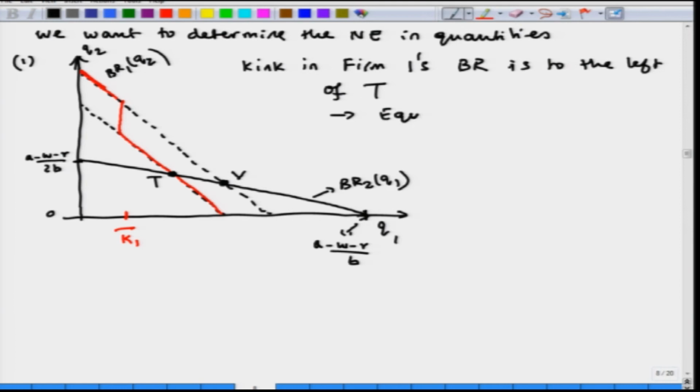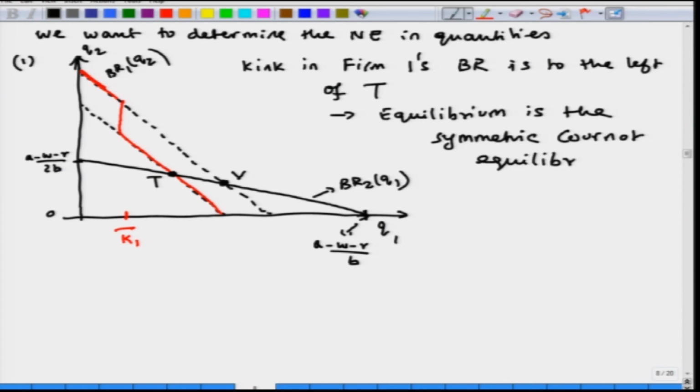So, the equilibrium is the symmetric Cournot equilibrium, right, and this corresponds to a case of capacity expansion, wherein in stage 1 if the incumbent has chosen a capacity which is K1 bar, which is as given in the graph.